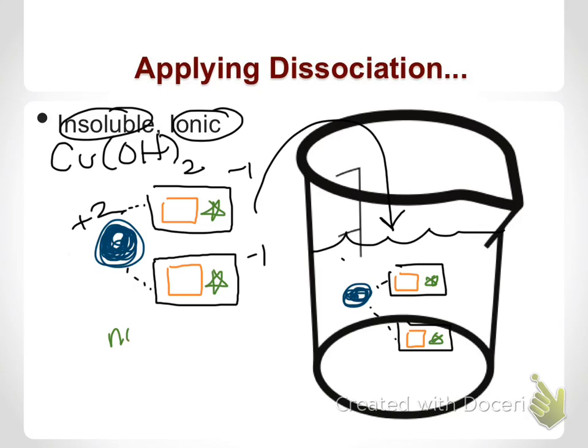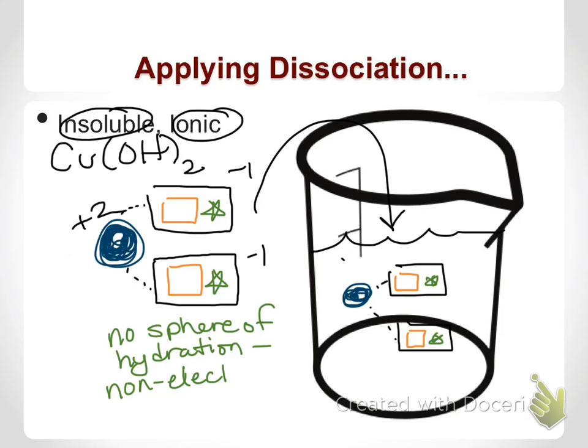So no sphere of hydration and no dissociation. So this would be considered a non-electrolytic solution, because you have no free-flowing ions, based on the fact that it did not dissociate. There's no free-flowing ions in solution, so the solution cannot conduct electricity.